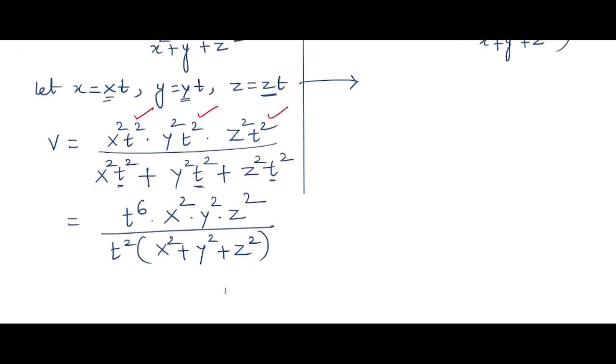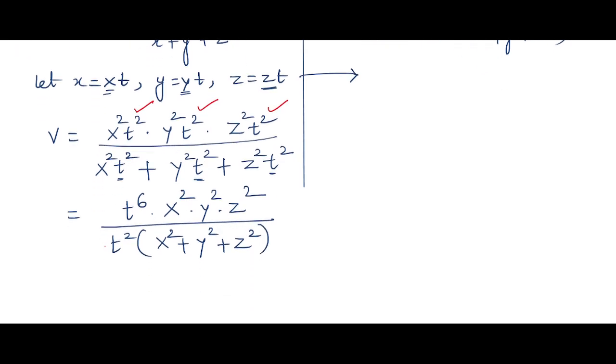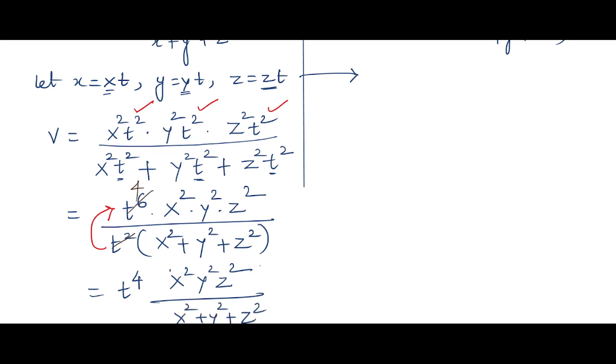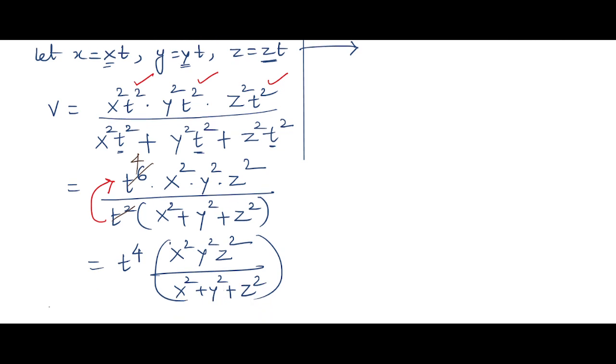Now combining all the t terms, this t square term we can cancel, and that gives t to the power 4. The remaining term is X square Y square Z square upon X square plus Y square plus Z square. So we are getting the same term which is v in capital letters. So this can be written as t raised to n into capital V.